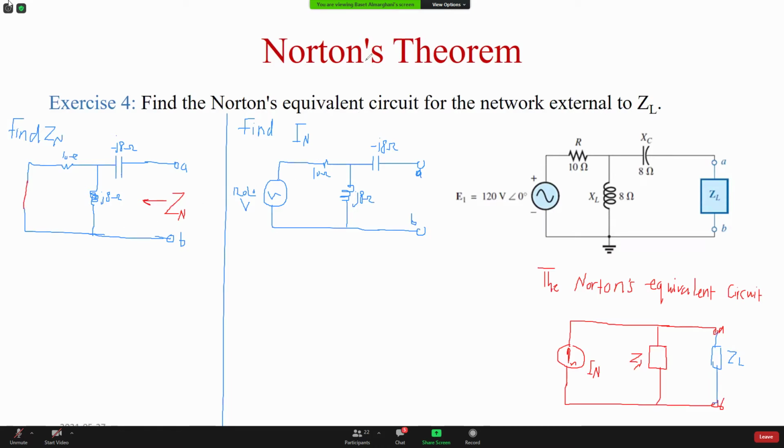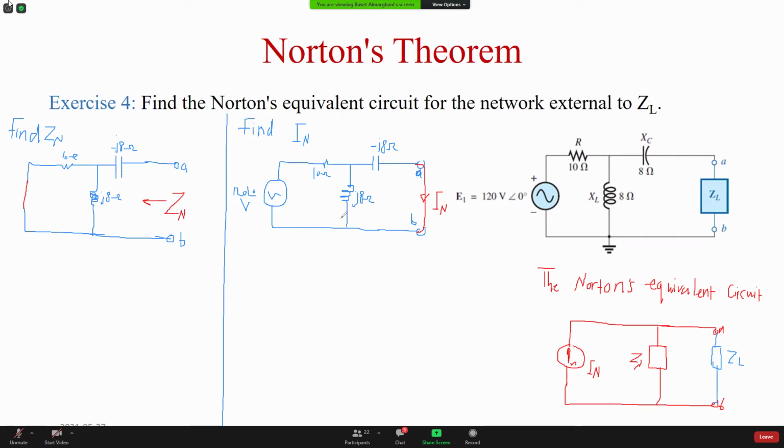Now to find In, it's the short circuit current. So I'm gonna put the short circuit here between these terminals, and I'm gonna say this current here is going to be In. So I got the circuit that I'm gonna use for finding Zn, and I got the circuit that I'm going to use for finding In.